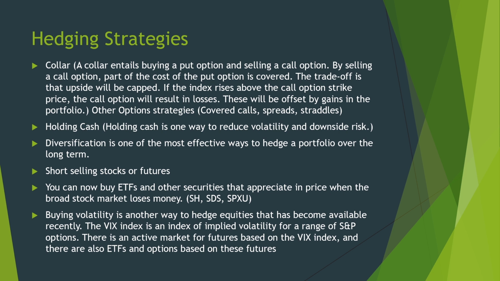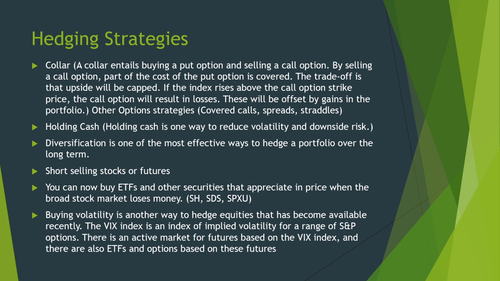Other option strategies are covered calls, spreads, and straddles. These are just different options where you may buy a call and buy a put, or sell a call, or certain spreads where if it drops, the other side that you purchased is going to make some money, which is going to reduce the loss.